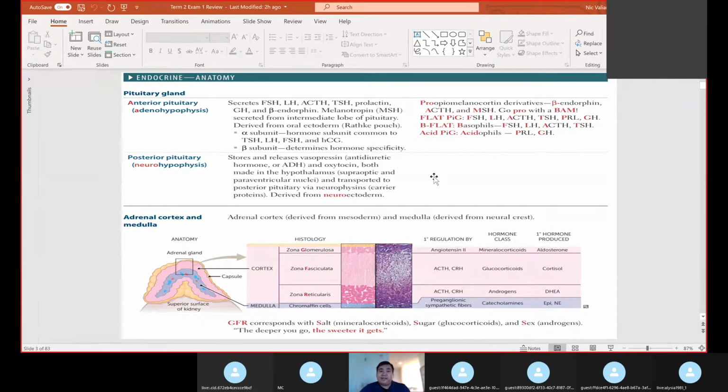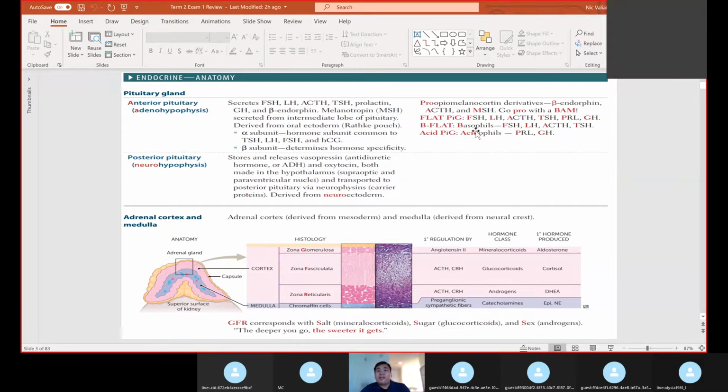You're going to ask me, Nick, do I need to know which ones are basophils and acidophils? Yes, you need to know them. Know the mnemonic, FLAT PiG. These are the hormones that the anterior pituitary secretes: FSH, LH, ACTH, TSH, prolactin, and growth hormone.